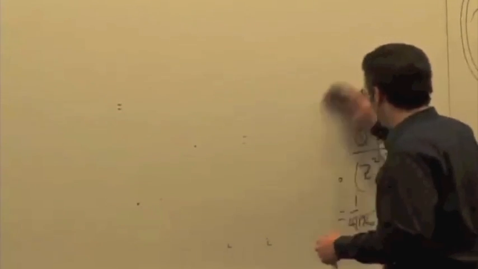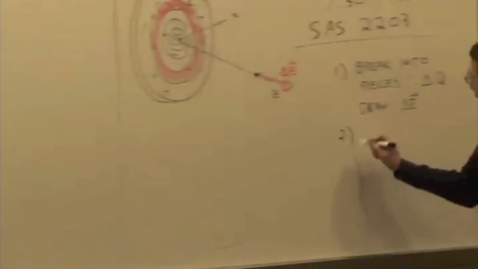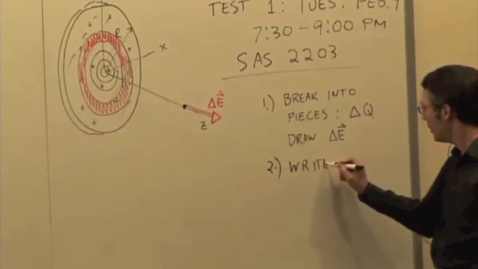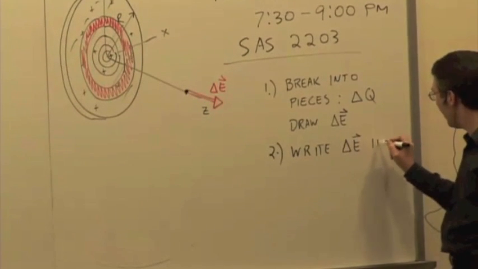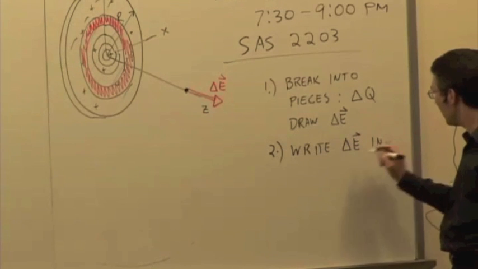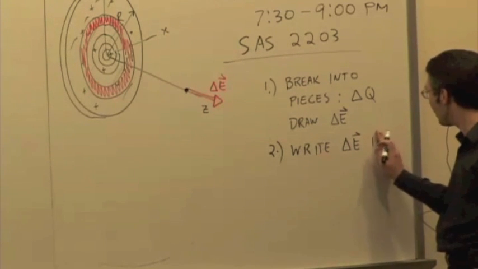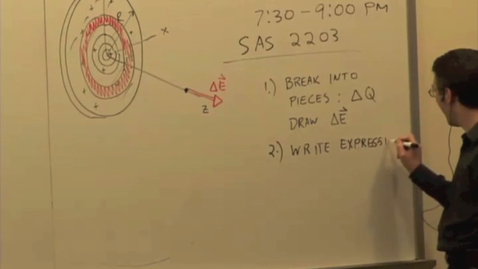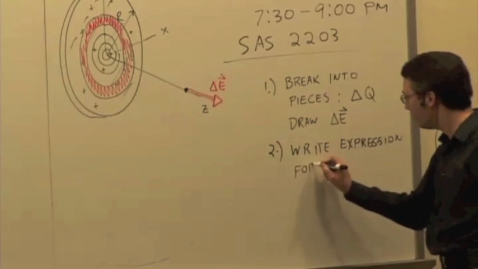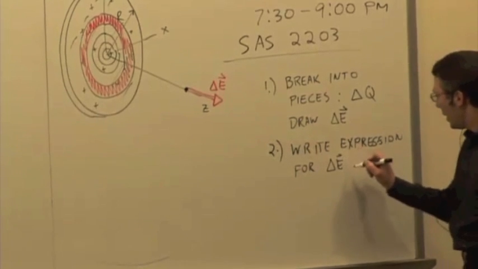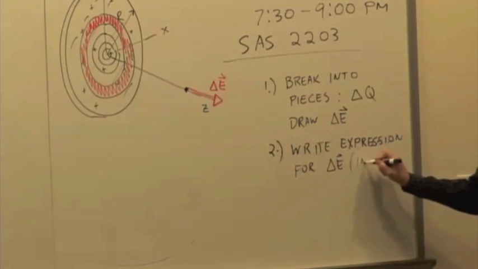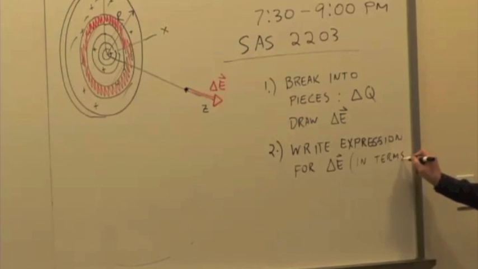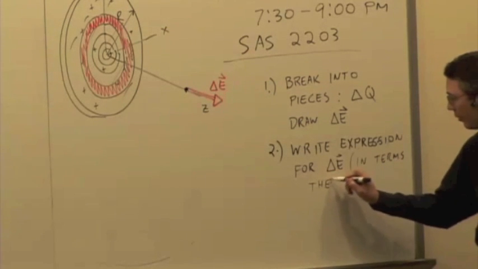We've picked our delta Q. We then have to write an expression for delta E. And when you're doing it analytically, we said it's often in terms of the integration variable, right?